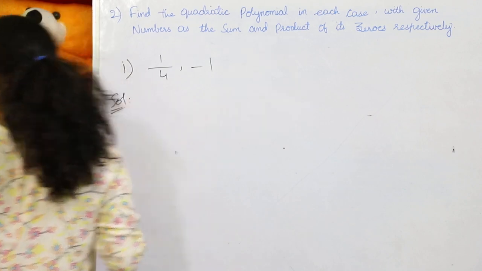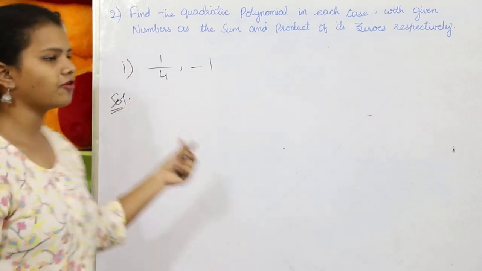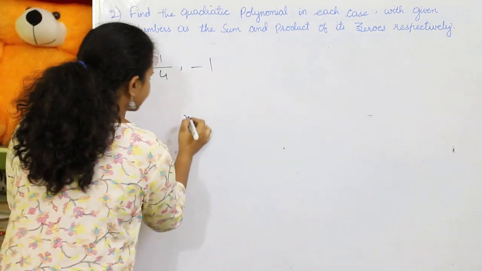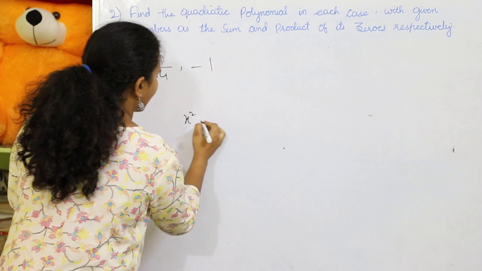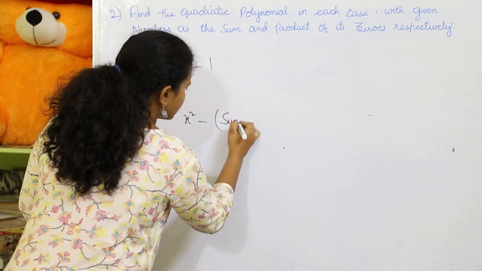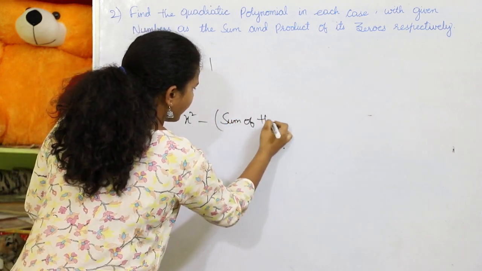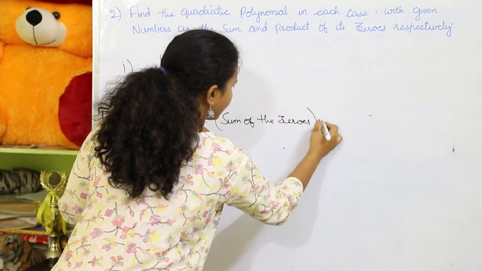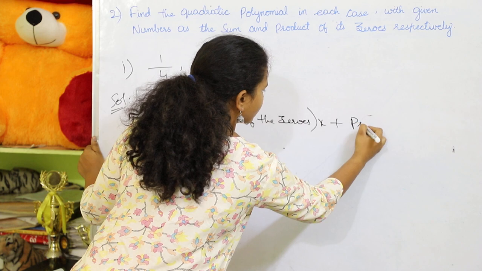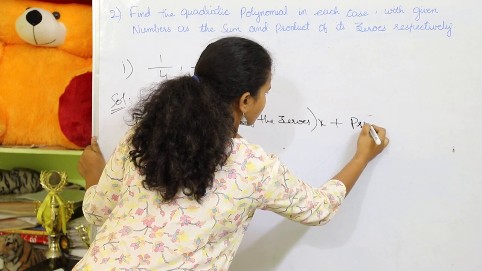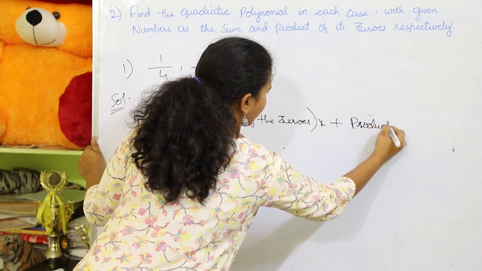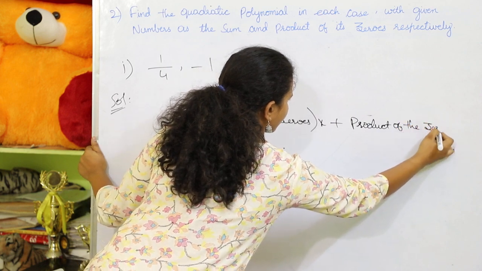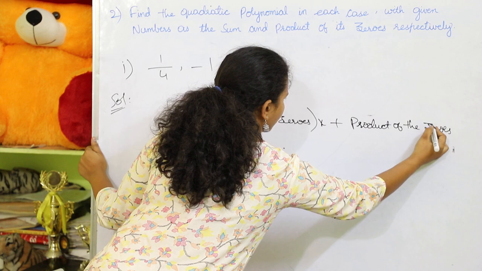As we know, there is a formula to change it: x square minus sum of the zeros into x plus product of the zeros. Okay, we know this formula.